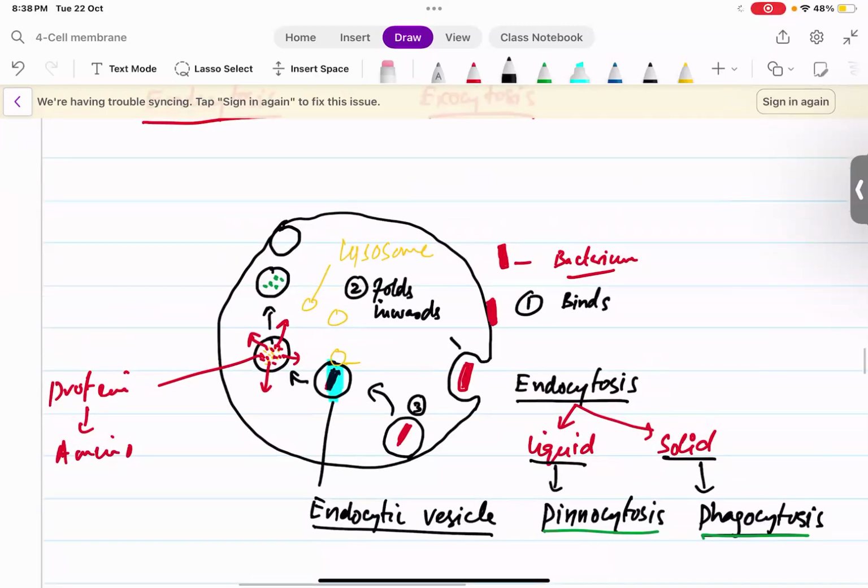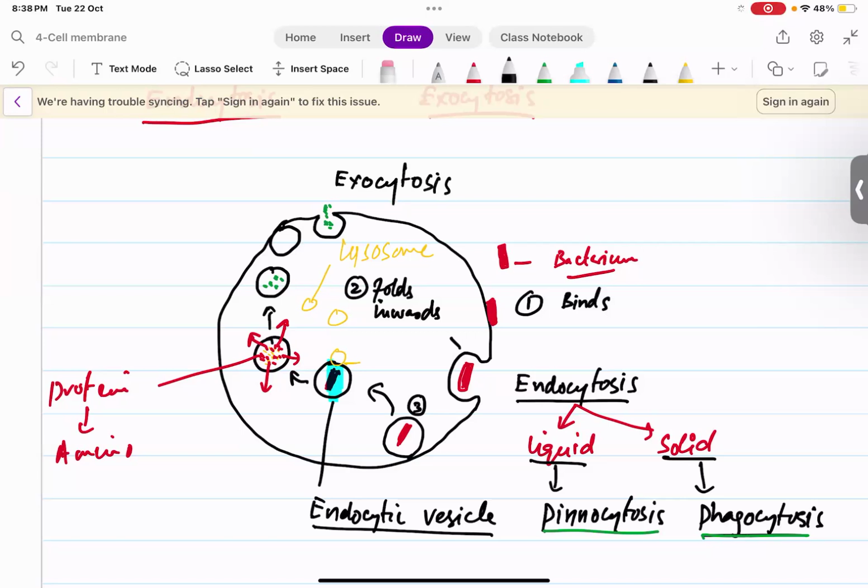And then from this fused vesicle, the contents are expelled out. This process of expelling the contents out of the cell by fusing membrane-bound vesicles with the membrane is known as exocytosis.